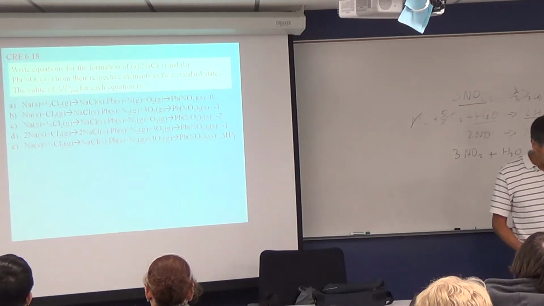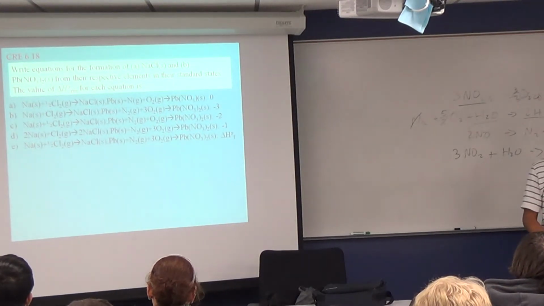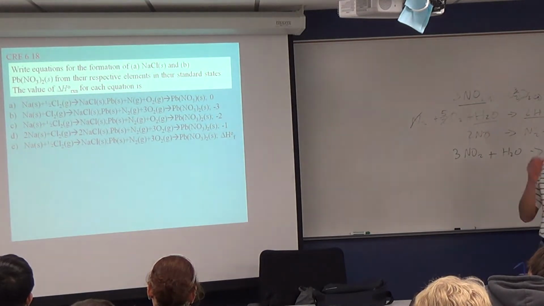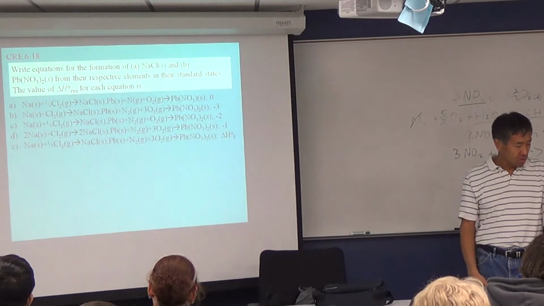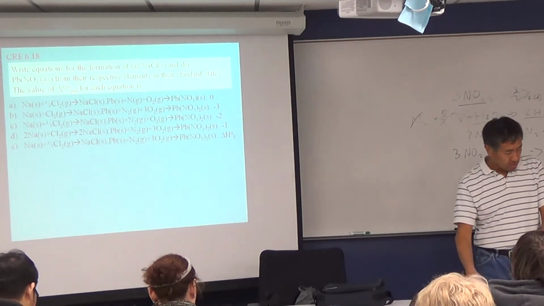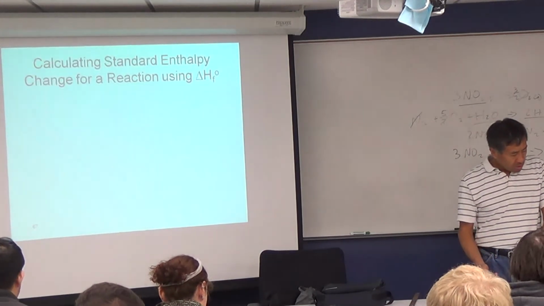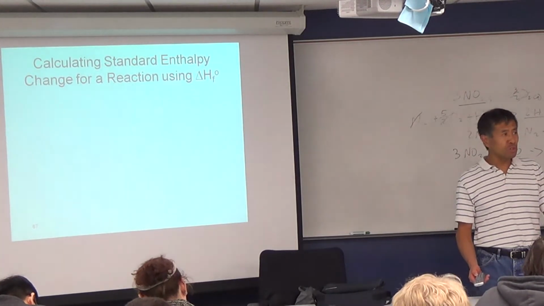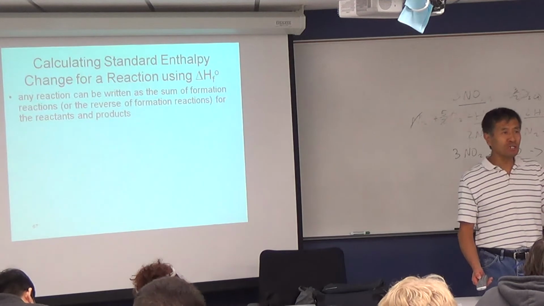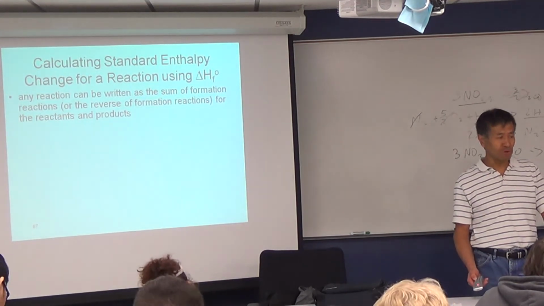What's the answer for this? Down here, the E. That's very straightforward. The answer is E. So then we can use those delta HF0 for the calculations. Just a very simple setting, one formula.